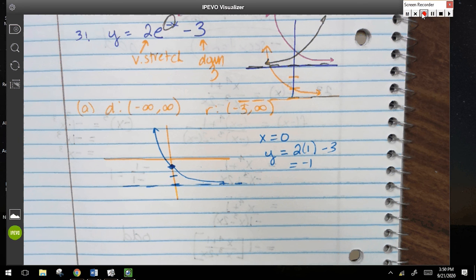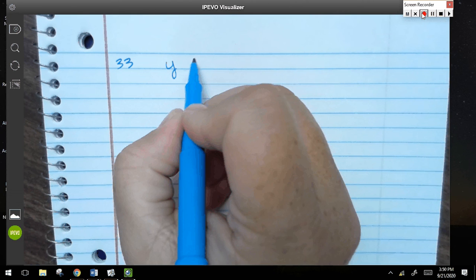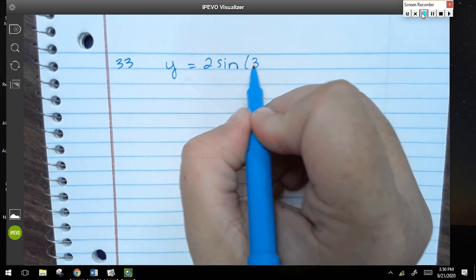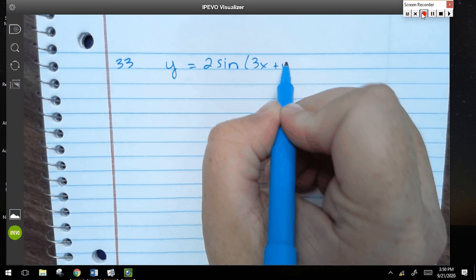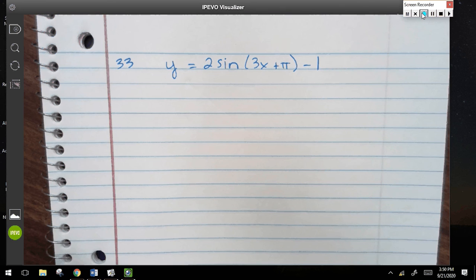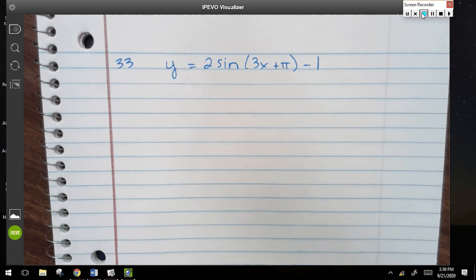I know sine goes through 1, -1, at pi over 2, pi, 3 pi over 2, negative pi over 2, negative pi, negative 2 pi. Okay? And so this parent graph comes this way.